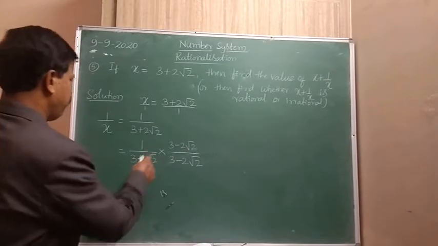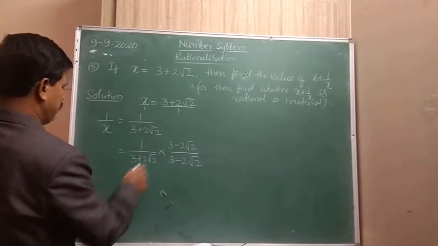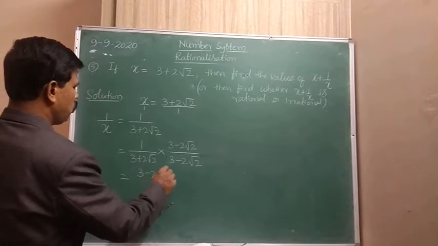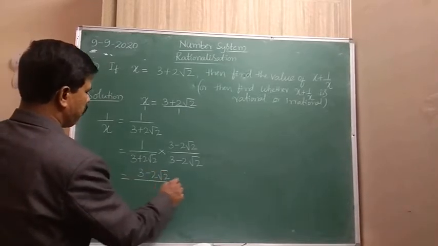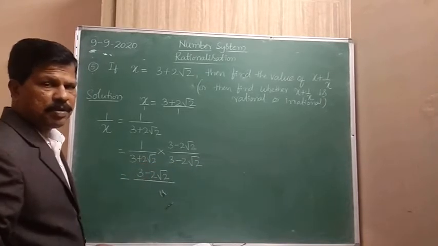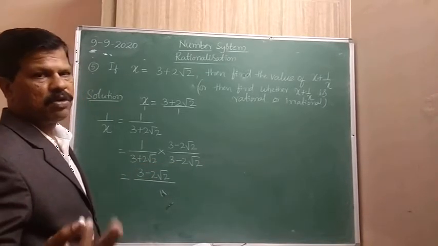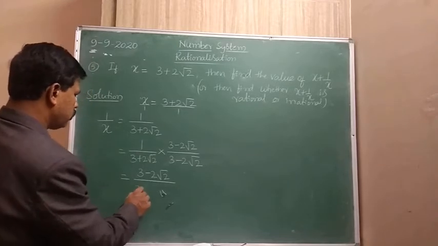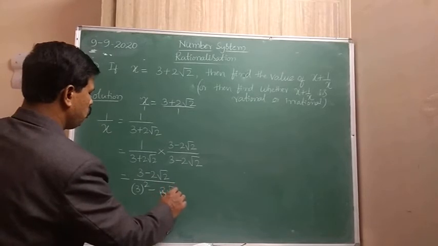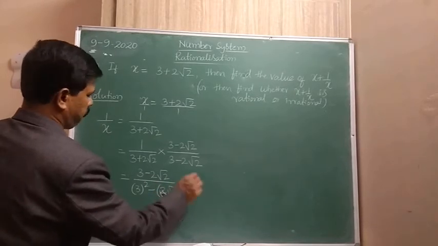Now, if you multiply 1 into this, you will get 3 minus 2 root 2 whole divided by a plus b into a minus b. A plus b into a minus b is what? A square minus b square. So this is 3 square minus 2 root 2 whole square.